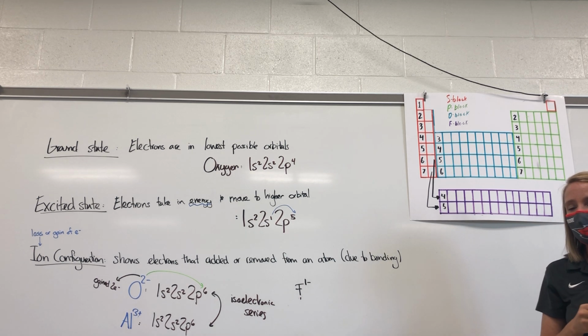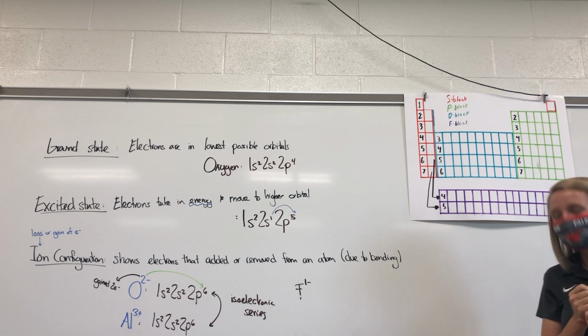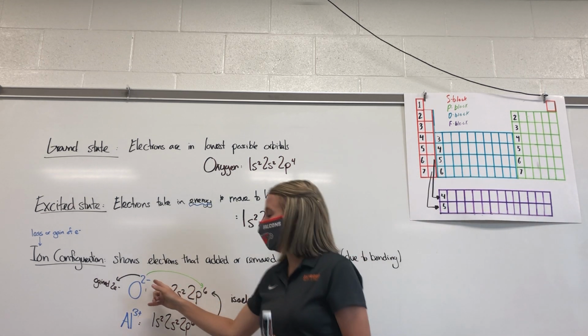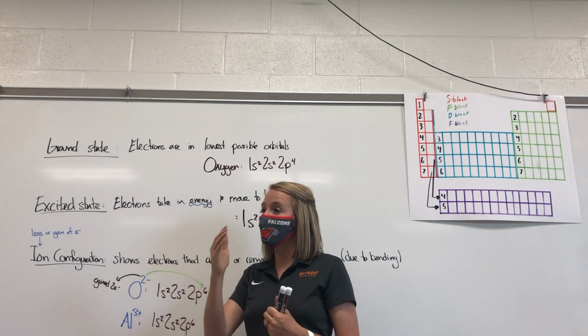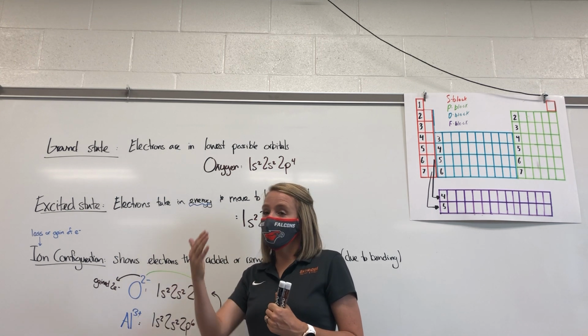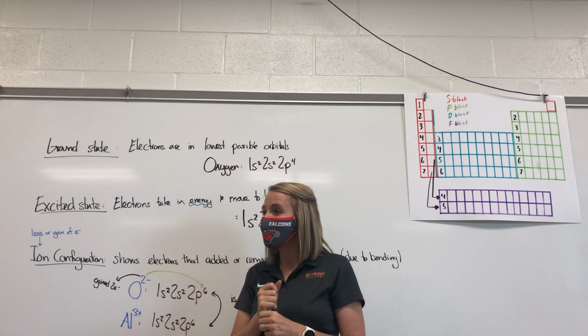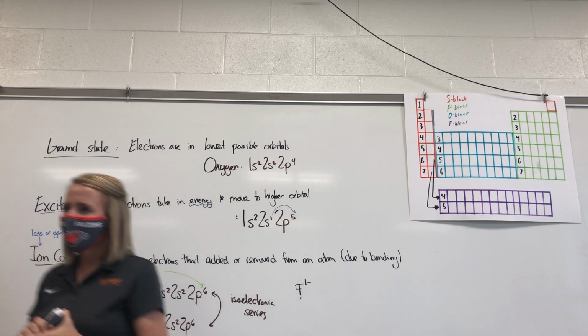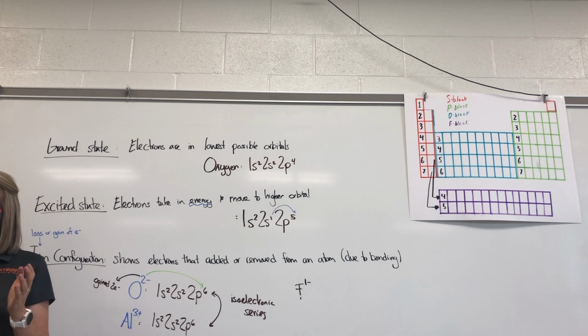So would it just go to its nearest noble gas? Yes. So that will be the catch with learning about ions: the ion it typically forms just takes it to the nearest noble gas. Yep, very good. Any other questions on that? Oh, Mina just had a light bulb turn on in her head. I love it. Do you want to share?